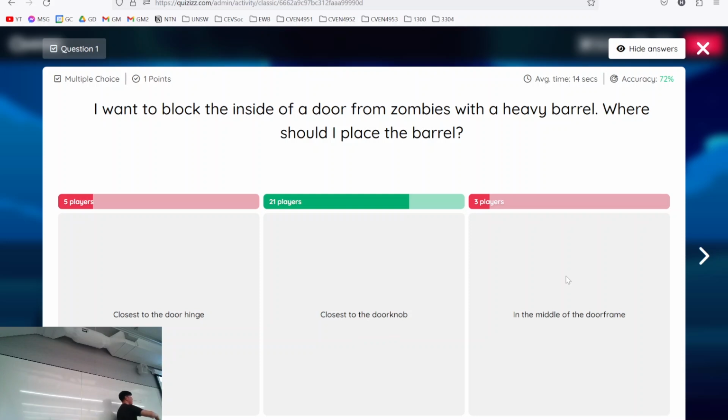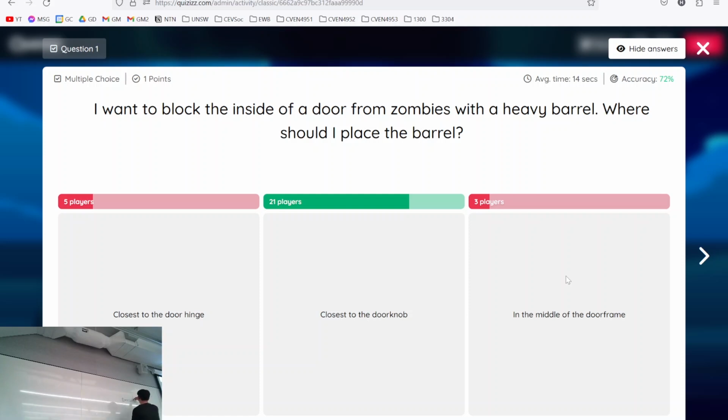The door, looking at it top down, is going to look like some sort of beam or rod, right? So if you have a heavy barrel, that's going to resist any kind of external forces applied to that door.